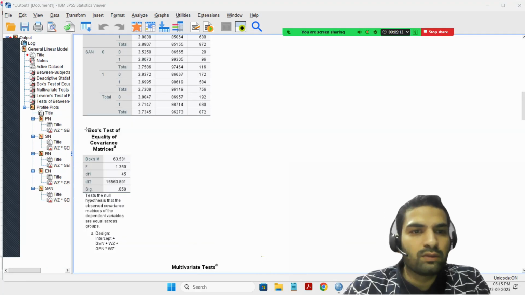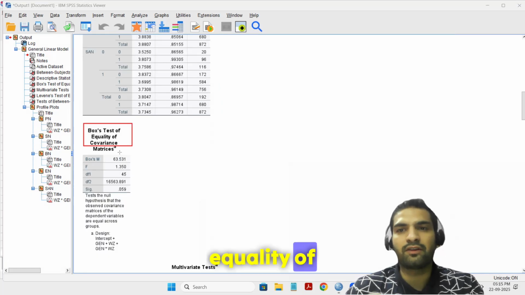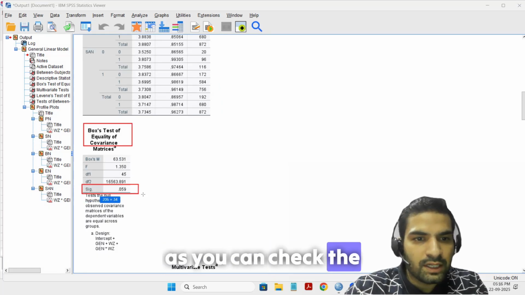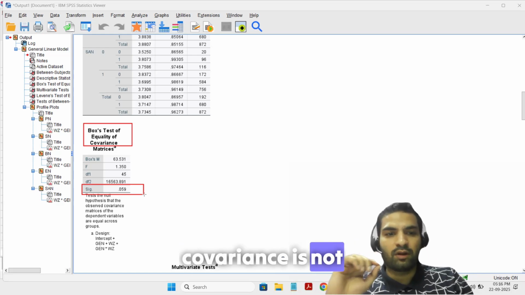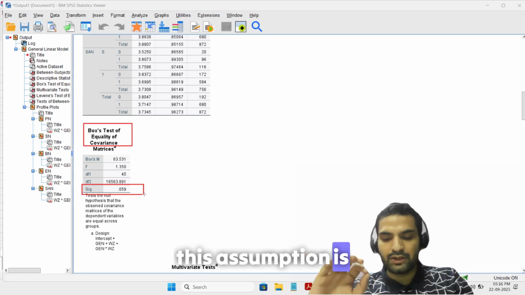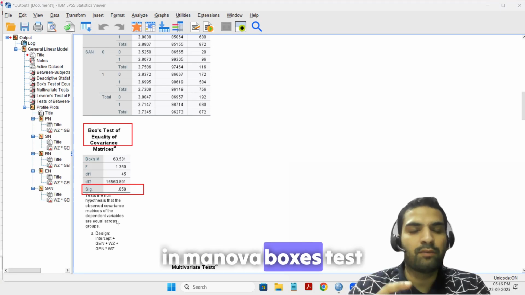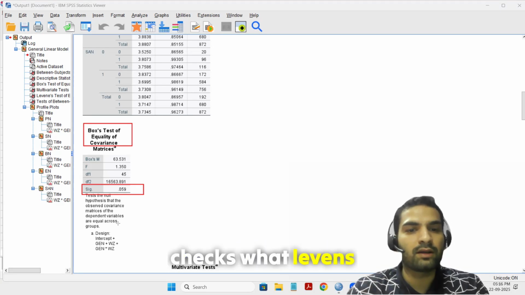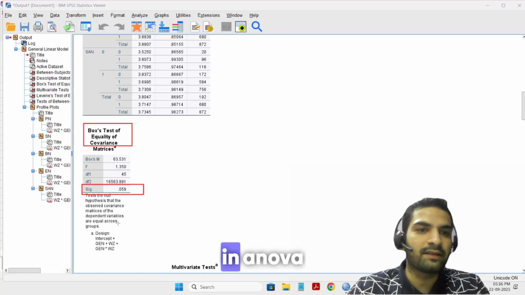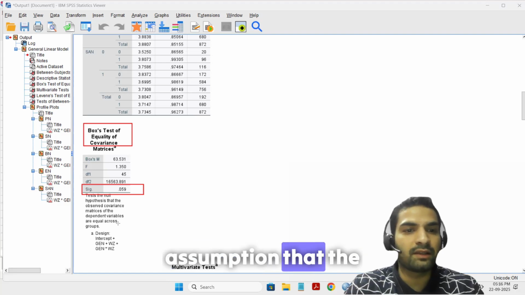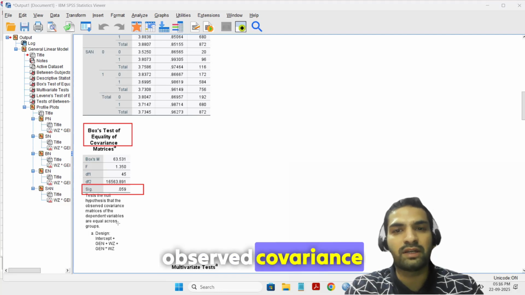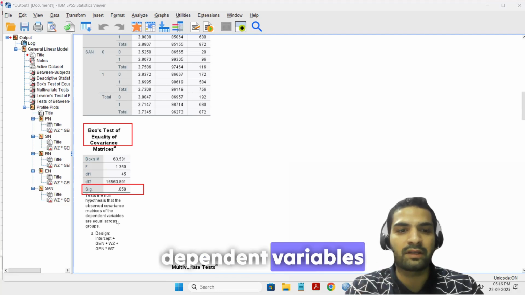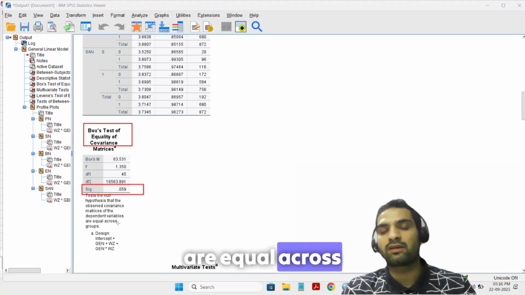Okay, next we go to Box's test of equality of covariance. As you can check in the significance level here, the equality of covariance is not violated. This assumption is fulfilled. In MANOVA, Box's test checks what Levene's test checks in ANOVA. It checks the null hypothesis that the observed covariance matrices of the dependent variables are equal across groups.